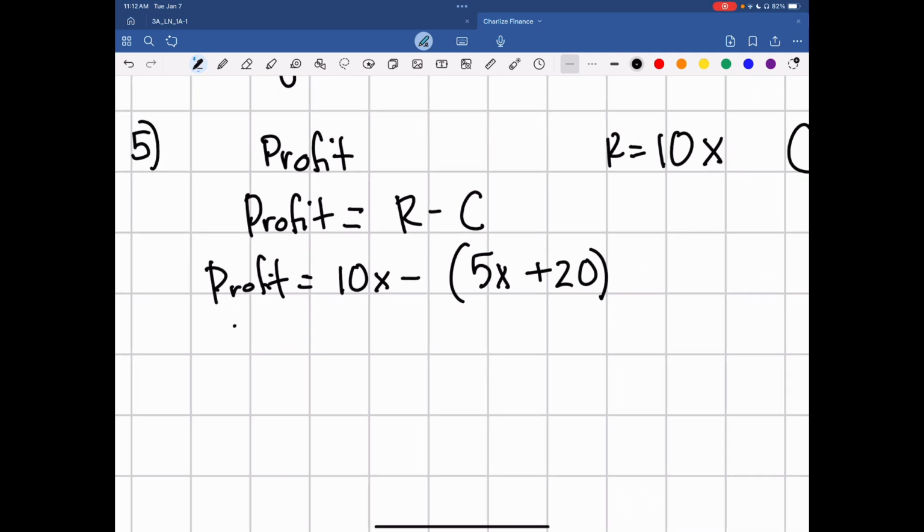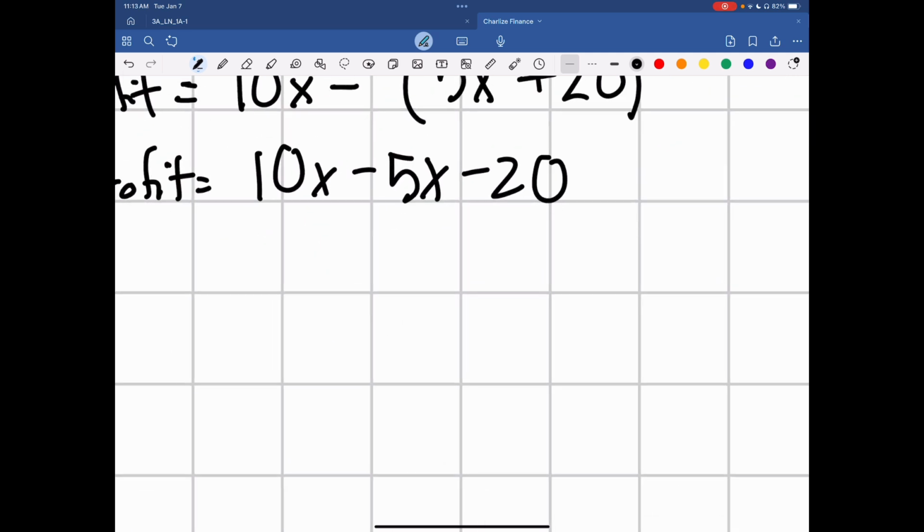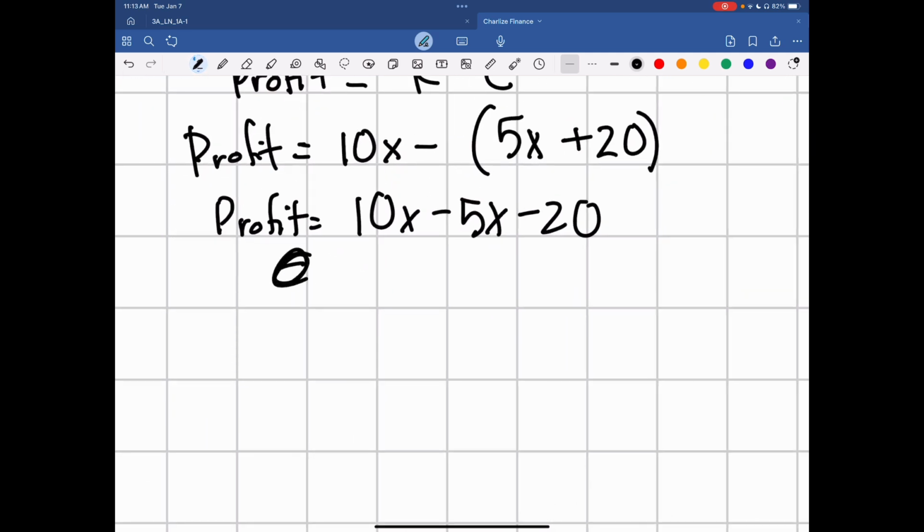So profit is equal to 10x minus 5x minus 20. My profit function, after combining the revenue and cost, I get 5x minus 20.